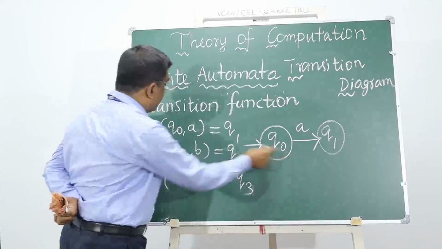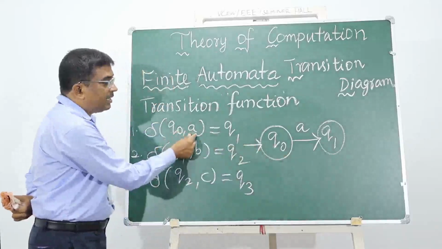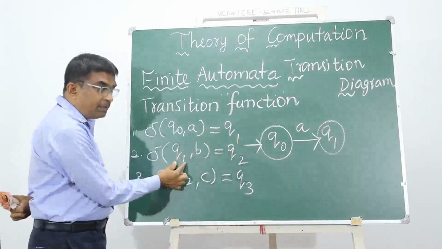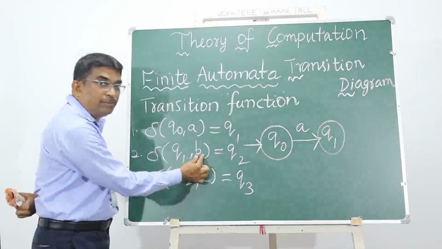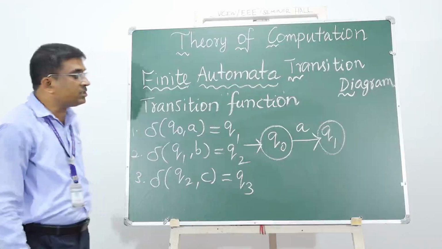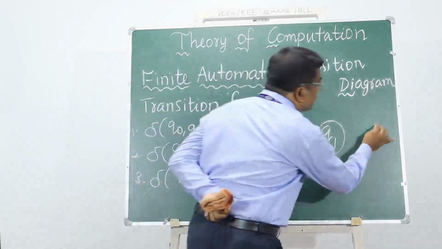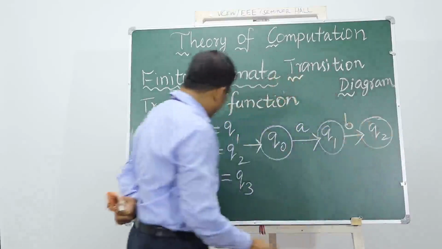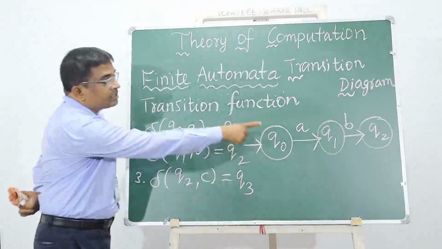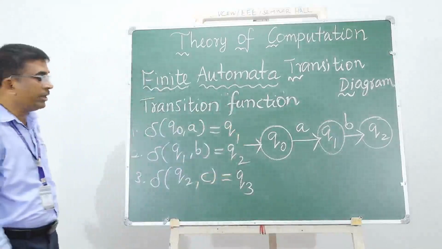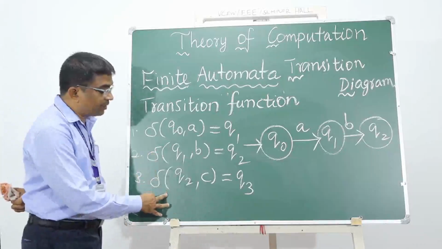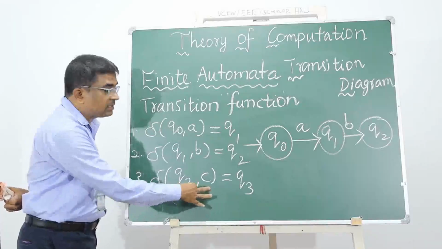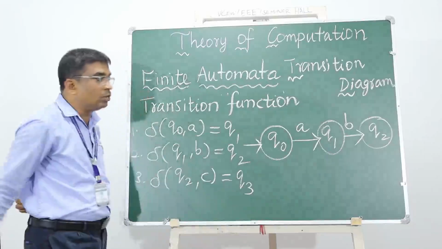From the q0 state, the input symbol a is read and it reaches state q1. From q1 the next input symbol is b and it reaches the next state q2. So I will add the next state q2, and the transition is labeled b. For the third transition function, the input state is q2 and the input symbol is c and it reaches q3.